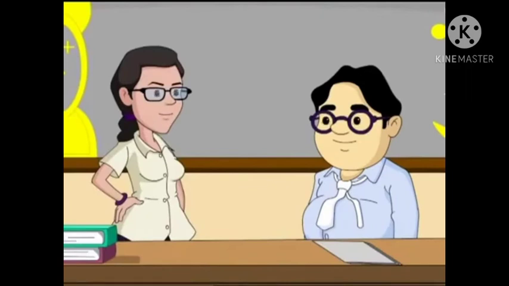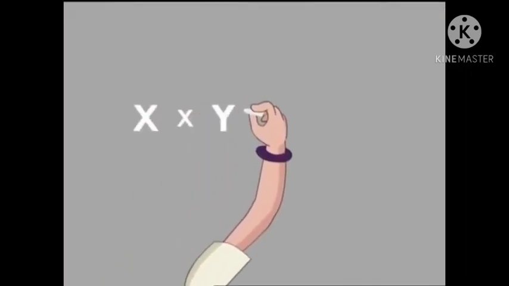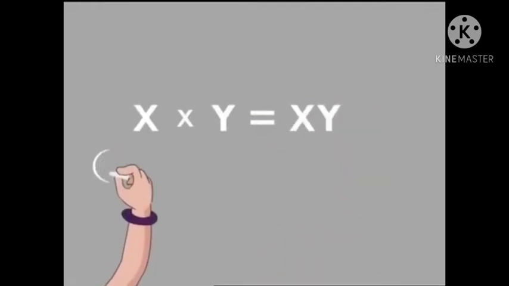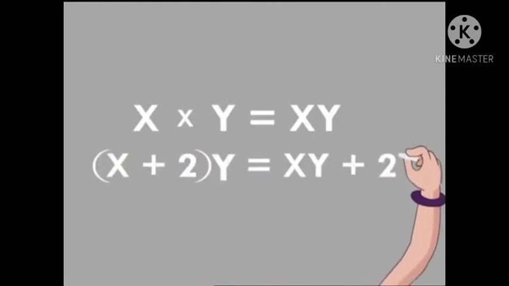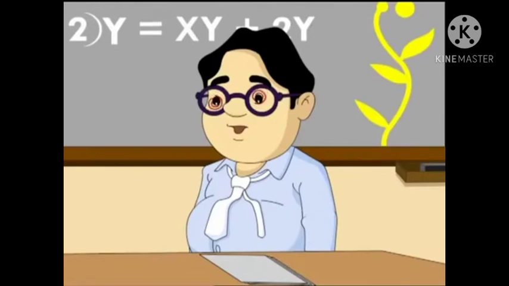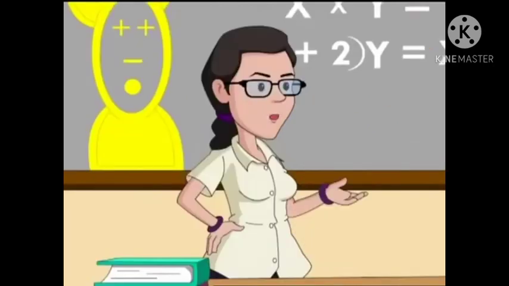Yeah, just like in math. How? Like in math, if you multiply x, y and x plus 2 whole y, you get different results. For instance, xy plus 2y is the product in the second case. Oh! Snail, try to understand.